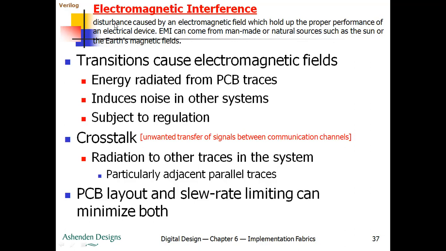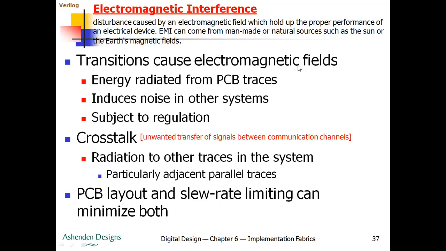This acts as a hurdle to the effective performance of the electrical device. This EMI can come from man-made noise or from natural sources of noise such as the sun or the earth's magnetic fields. The disturbance is due to the electromagnetic fields interfering with the signal.